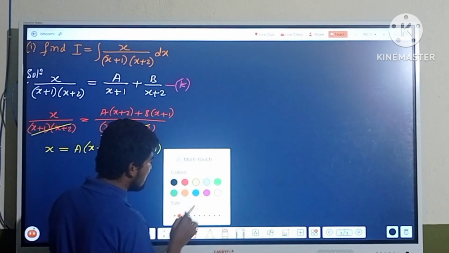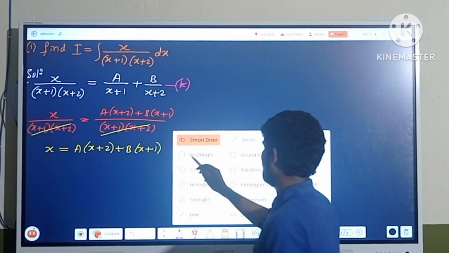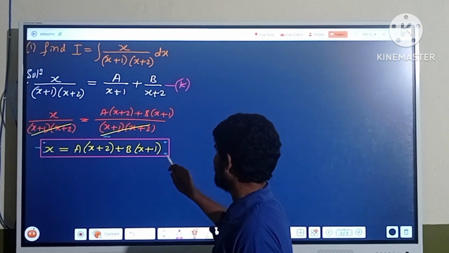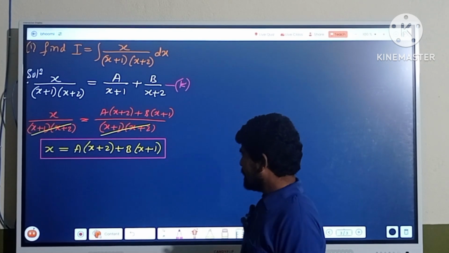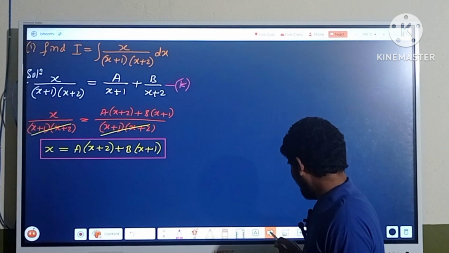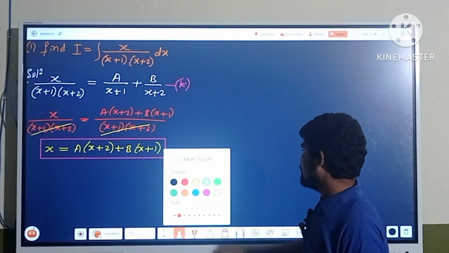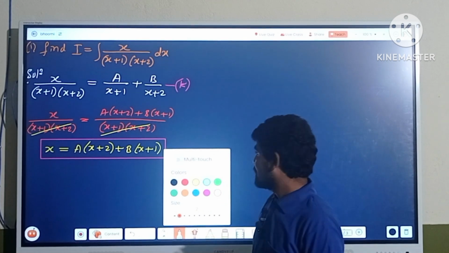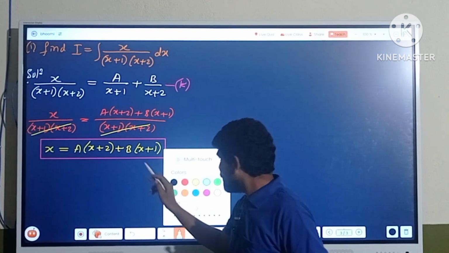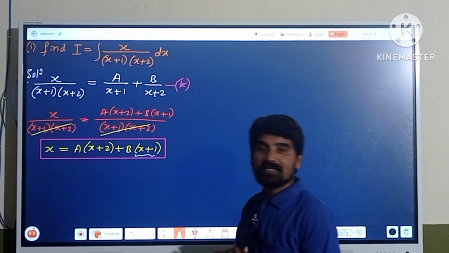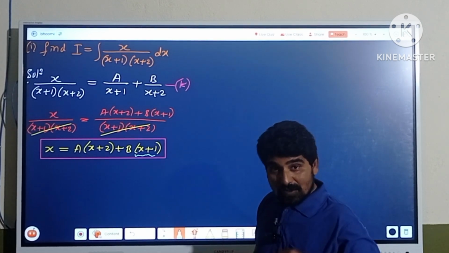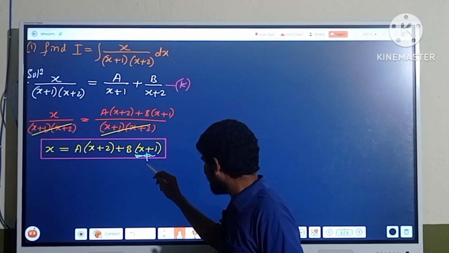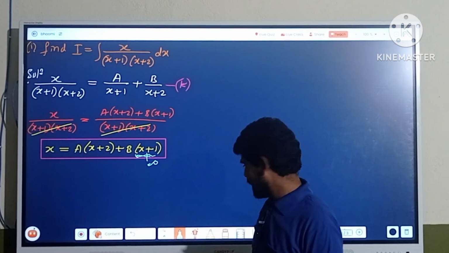Now by using this equation, we need to find the values of A and B. So to find the value of A, we need to eliminate this B. So to eliminate B, we need to make the coefficient of B equal to 0. To make the coefficient of B 0, we need to consider the value of x plus 1 equal to 0.